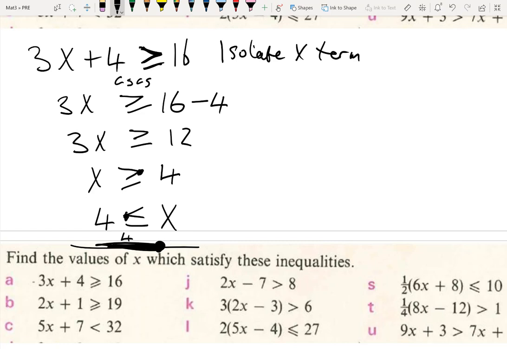What am I doing? x is larger than 4. My mistake. I want the end, and then the x runs that way.